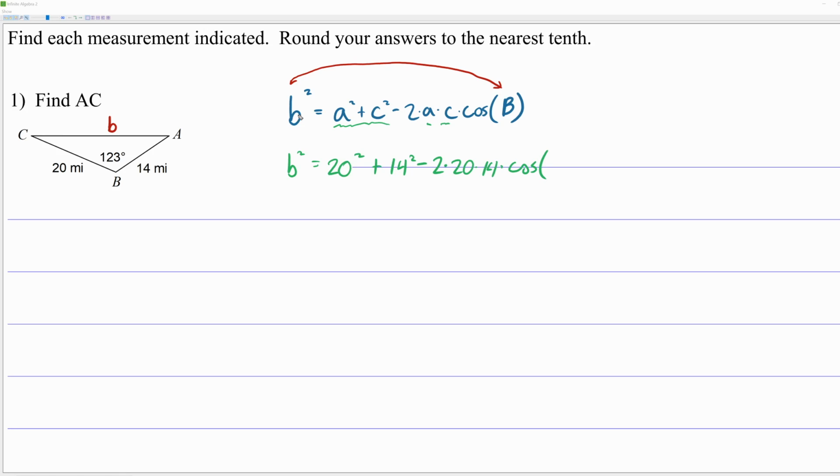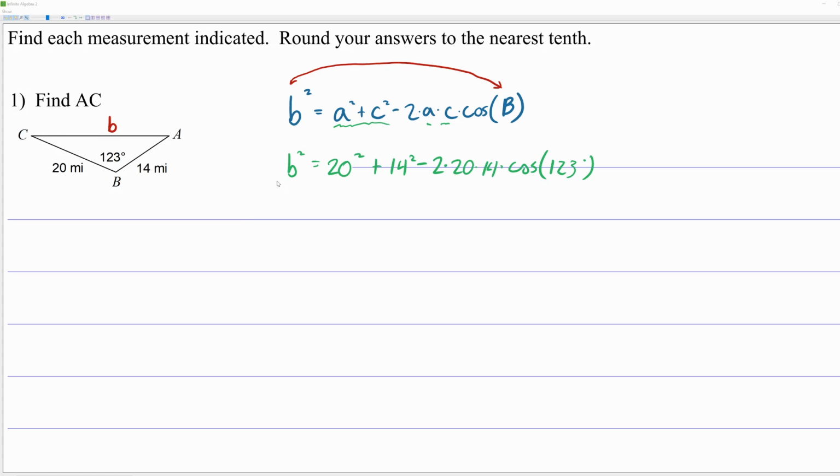So b squared and angle B correspond. So if we're looking for side lowercase b, that's related to angle capital B, which in this example is 123 degrees.